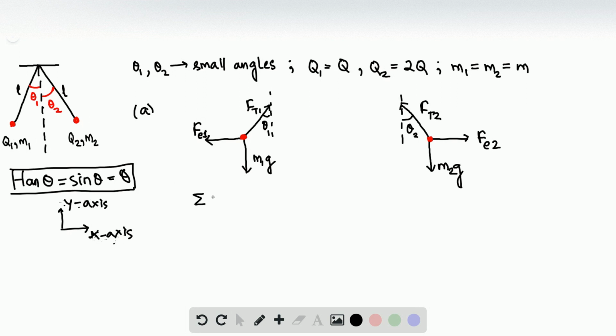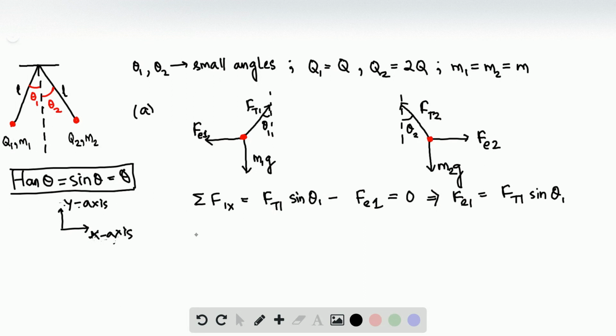Now let's find the net force on the first particle along the x direction. This will be equal to Ft1 times sin θ1, which is the horizontal component of the tension, minus Fe1, because they are in opposite directions. And this should be equal to 0. And this gives Fe1 is equal to Ft1 sin θ1.